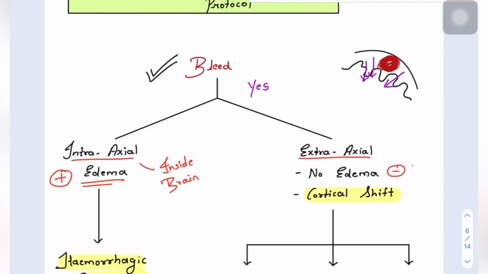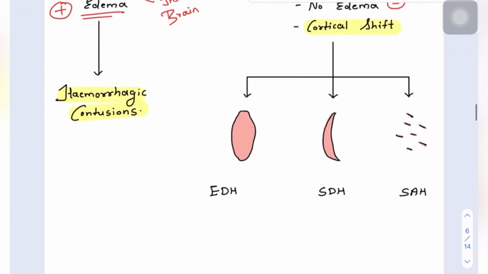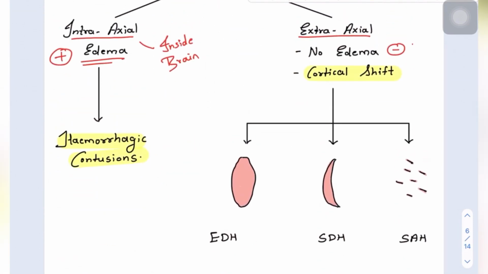Okay. So you can see the shift here. Okay. I hope you understand. So in extraaxial, you can see the three types of hemorrhage, which are epidural hemorrhage, subdural hemorrhage and subarachnoid hemorrhage.